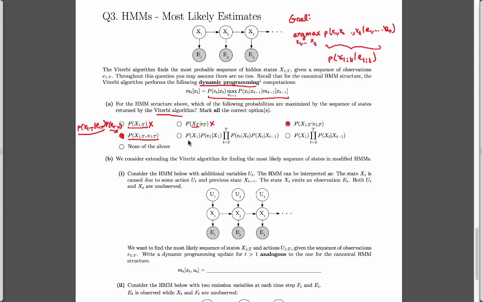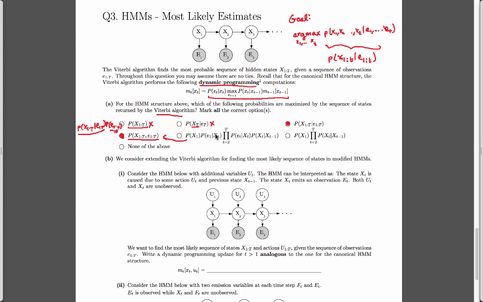Okay, now let's look at this fifth option. So here we have the probability of x_1 times the probability of e_1 given x_1 times the product of your observation models and your transition models. And because of our Bayes-Net structure in an HMM, this is exactly equal to what you have written over here.